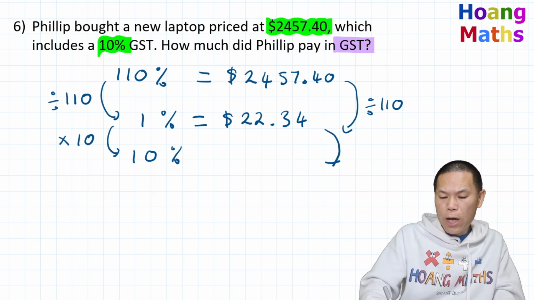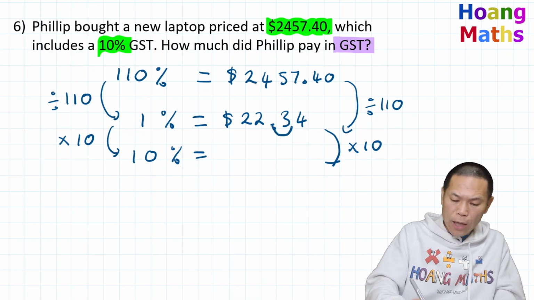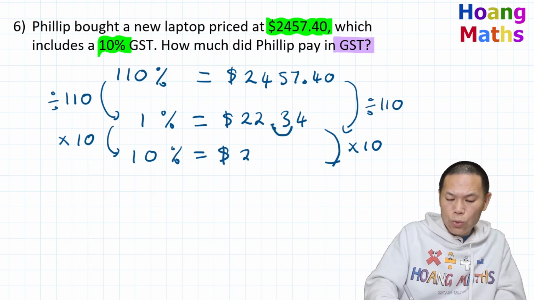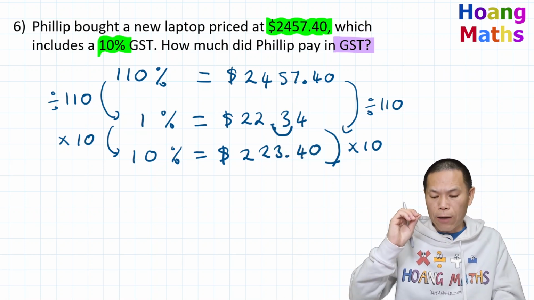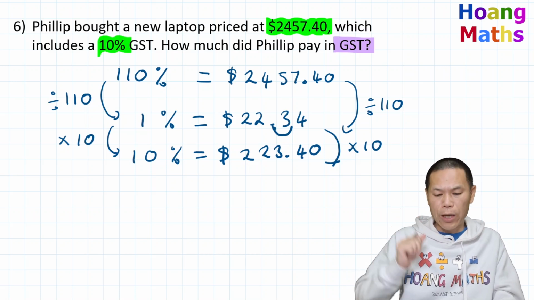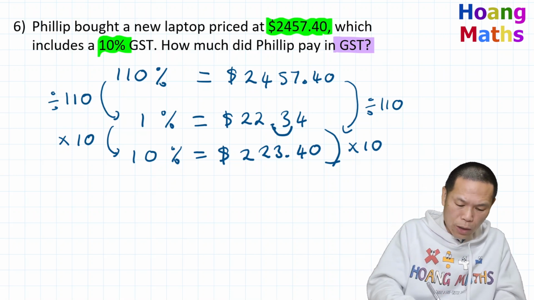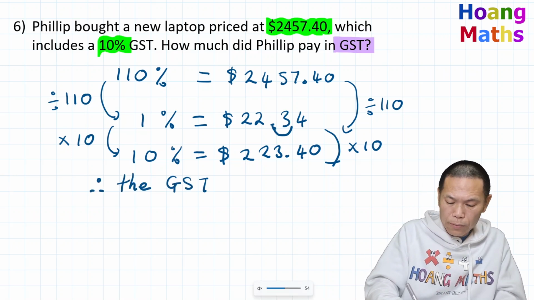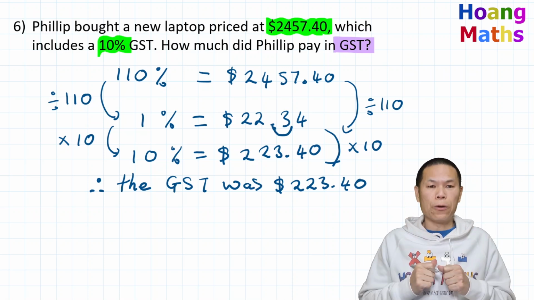So I just move the decimal point here 1 place to the right. So that is equal to $223.40. Otherwise, you can just put on a calculator 22.34 times 10, and you should get $223.40. So there you go.